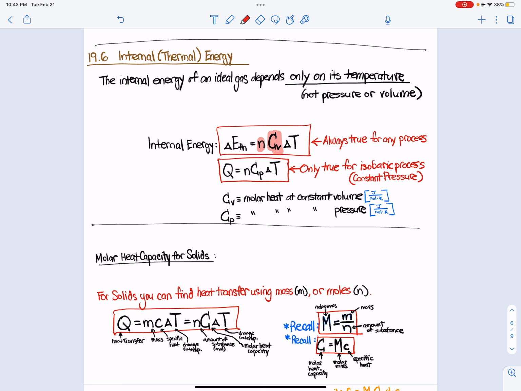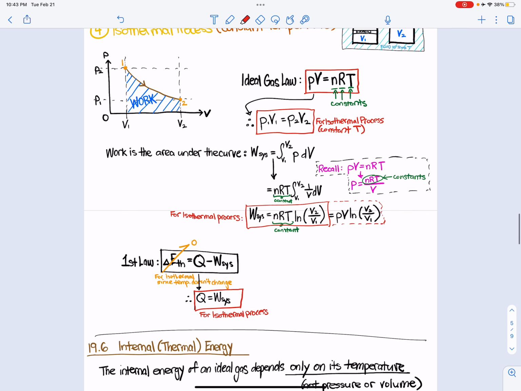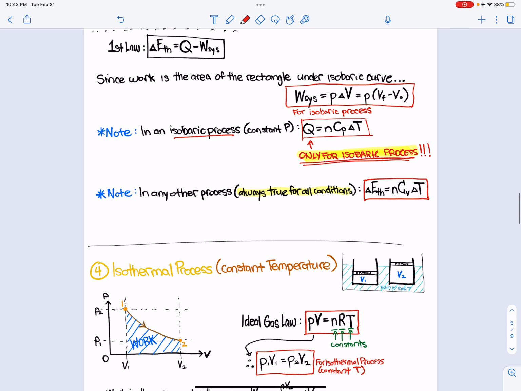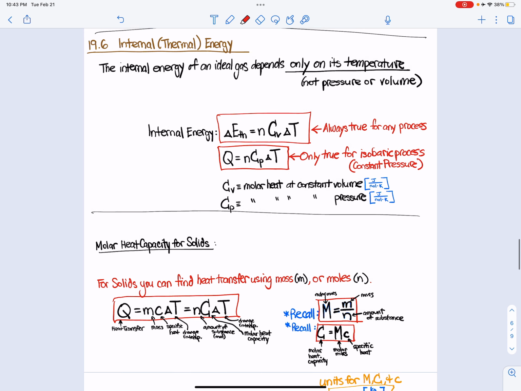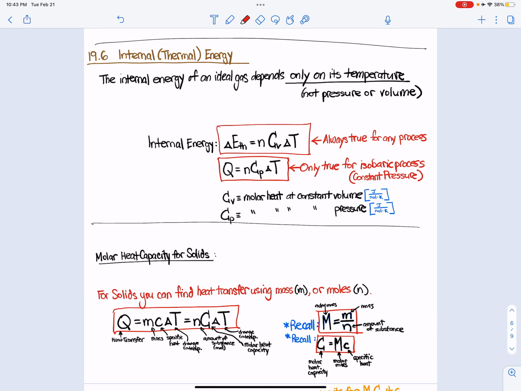We talked about this in the last section, but we'll talk about it again because it's not too long. That is the formula to calculate the change in thermal energy, nCV delta T, and that is true for any process: isothermal, isobaric, isochoric, all processes.